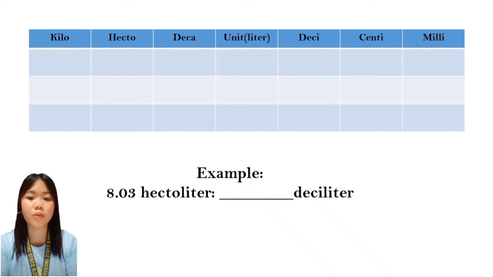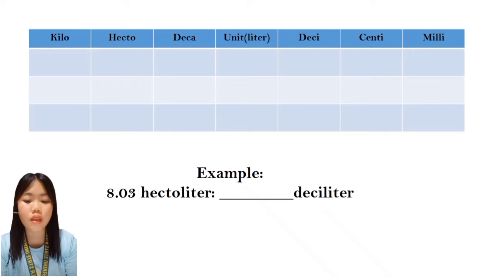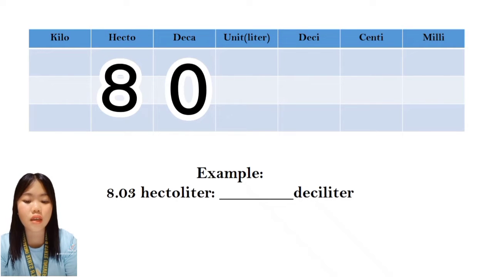the next example would be on the unit which is liter. We have here 8.03 hectoliter converted to deciliter. So we put the 8.03 on the first three units. We put 8 on the hectoliter, 0 on the decaliter, 3 on the liter unit.